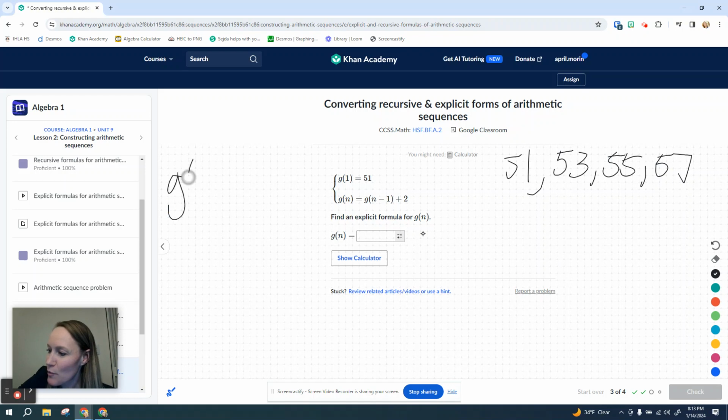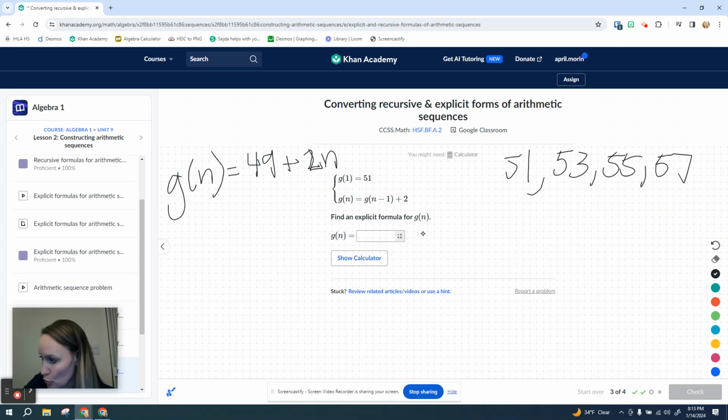Okay, so the explicit formula. Like I said, there are different ways to do this. I like to pretend what would be before. So that would be 49, and then plus 2n, right? Okay, so if I plug in 1, that'd be 49 plus 2, which would be 51.